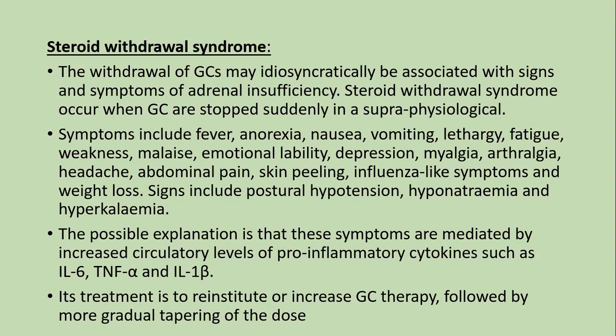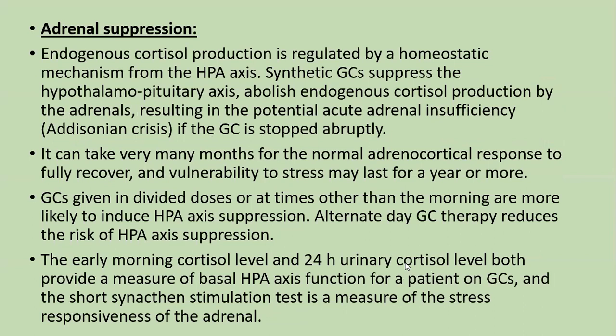The possible explanation of these symptoms is increased circulating levels of pro-inflammatory cytokines like interleukin-6, tumor necrosis factor alpha, and interleukin-1 beta. The treatment is to reinstitute the glucocorticoid therapy, followed by more gradual tapering of the dose.